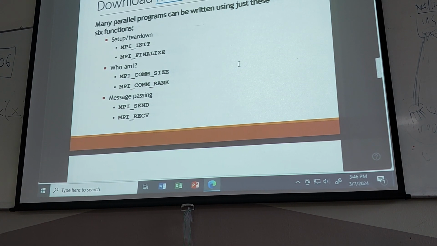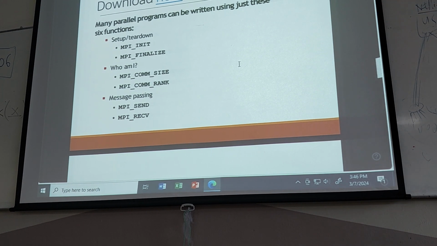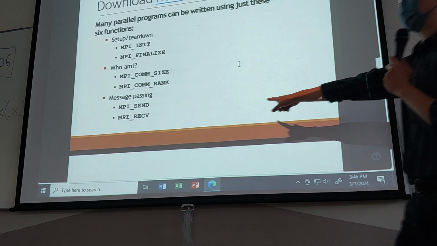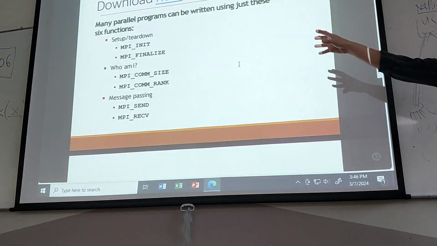Okay, this is unlike OpenMP. In OpenMP, do you send any message? No. You only share the data, right? So when sharing data, you don't have to send a message. But in this case here, you have to send a message explicitly, even though it is on the same computer. So the disadvantage of MPI is this. Because you have to send a message, you need to copy that message and send it over.